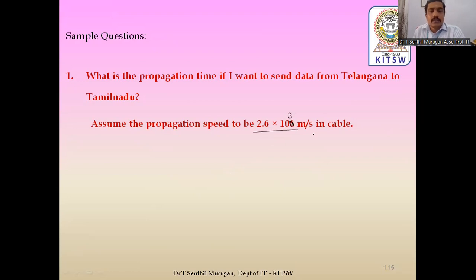So you have to calculate it. For example, you have to find the distance from Telangana to Tamil Nadu. If it is 650 kilometers, then it is 6 lakhs 50,000 meters. You have to convert into meters and divide by 2.6 into 10 power 8.